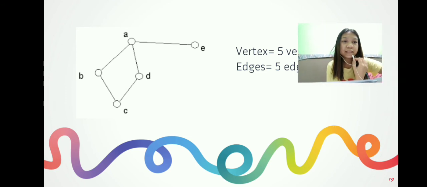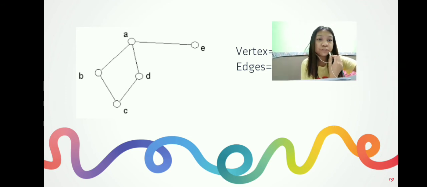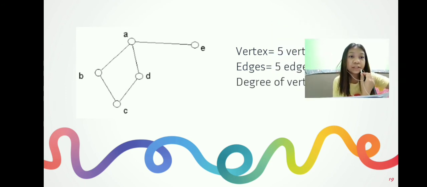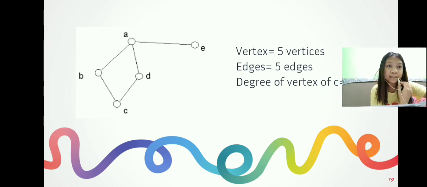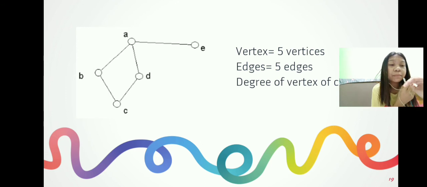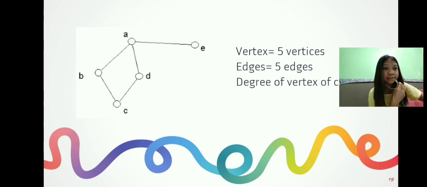The next is we're going to find the degree of vertex C. Remember that finding the degree of a vertex is counting how many edges are attached to the vertex.